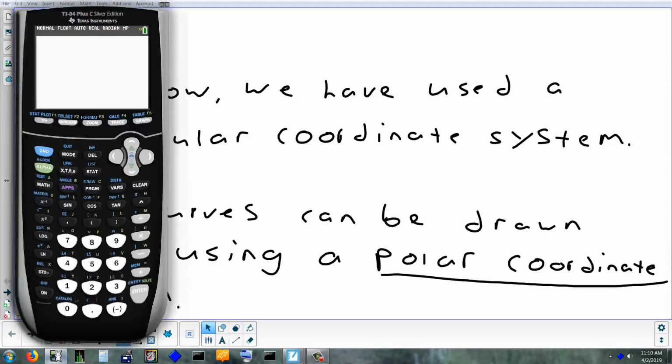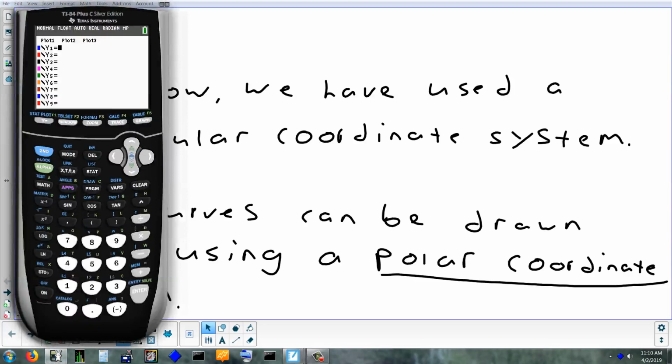First of all, is a circle a function? No. It fails the vertical line test. So technically, I can't draw a circle because I'm in function mode. But I can kind of cheat and draw a circle.